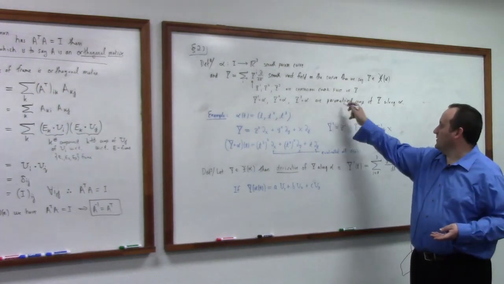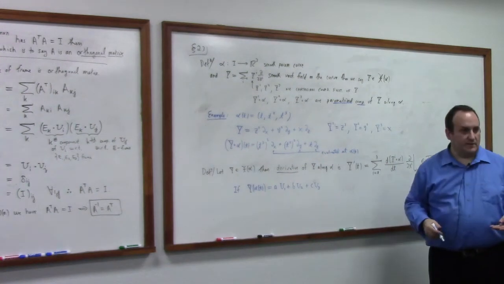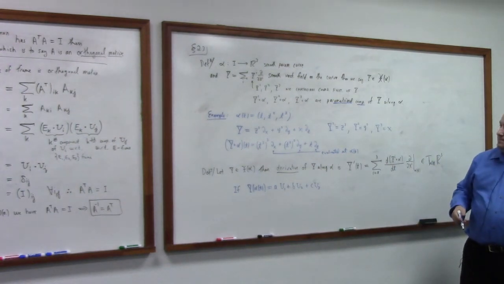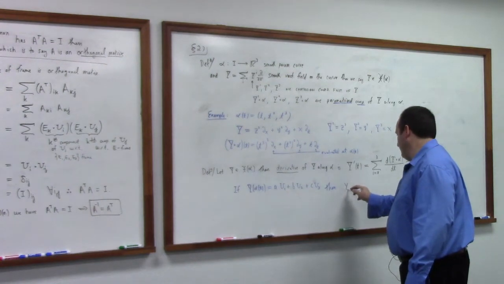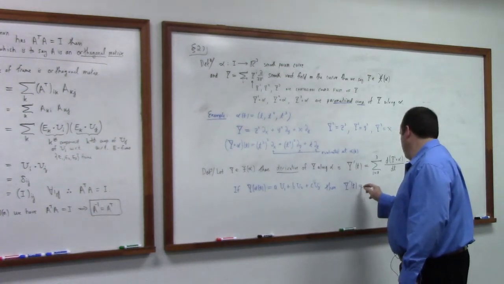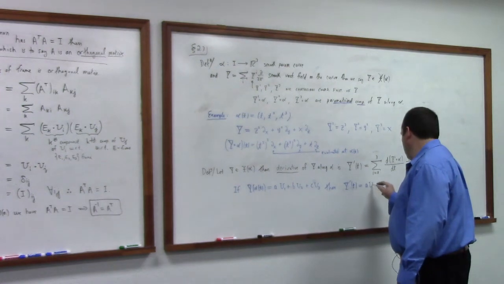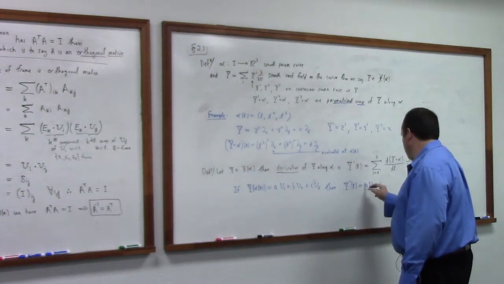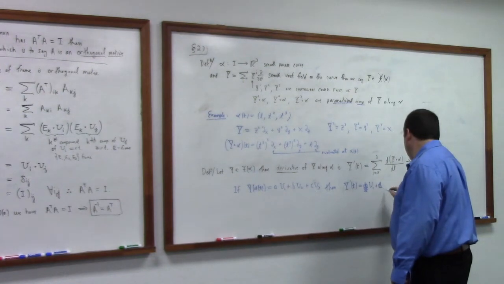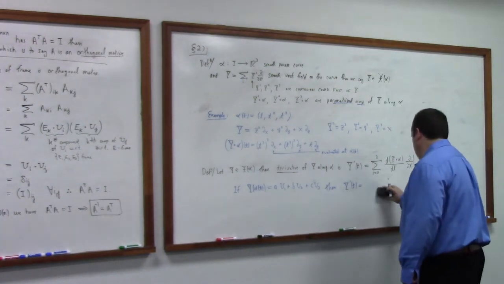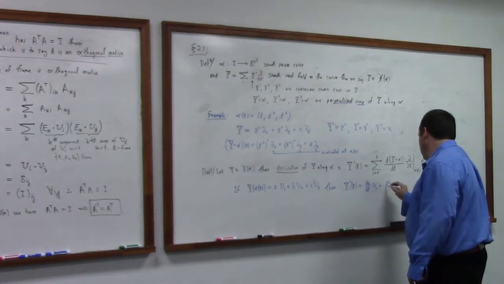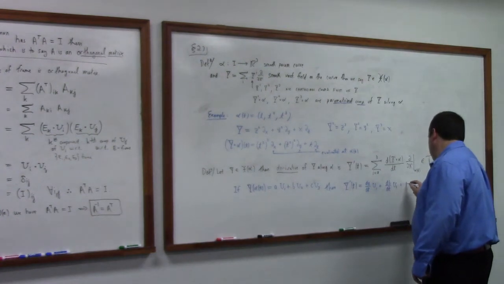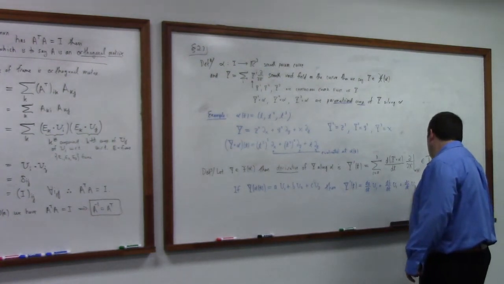They're the parametrized components of y along alpha, right? Then y prime of t is just dA dt u1 plus dB dt u2 plus dC dt u3.